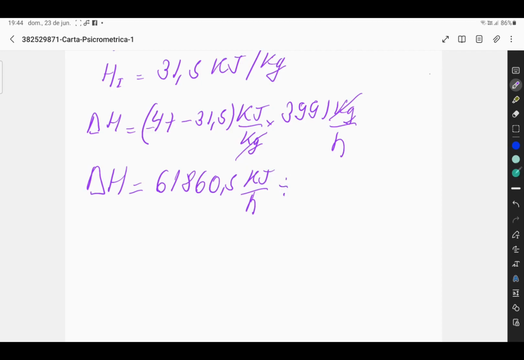We divide by 12,660. So my delta H is 61,860 divided by 12,660, so my delta H is 4.9 TRs, which is consistent with my flow rate.